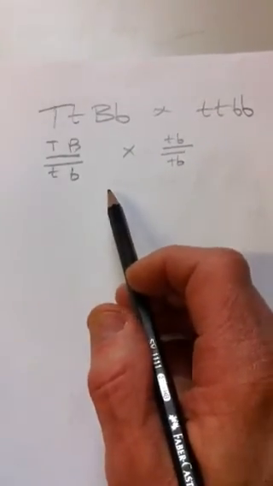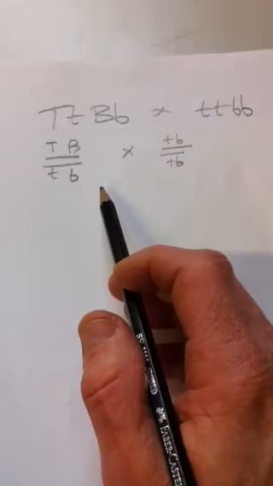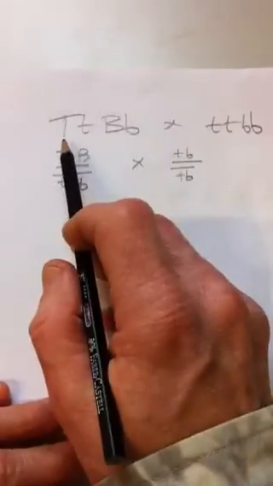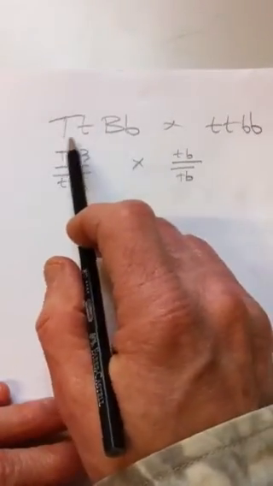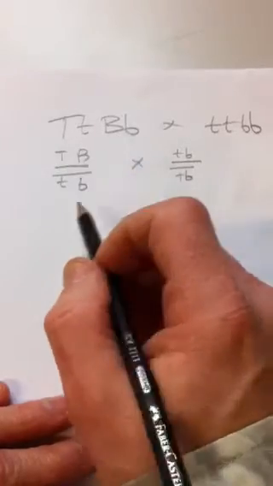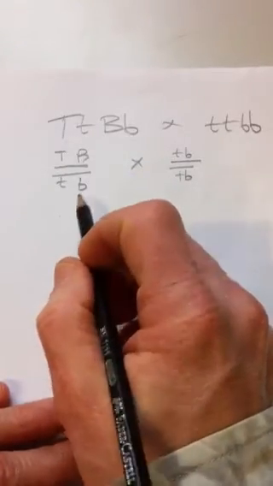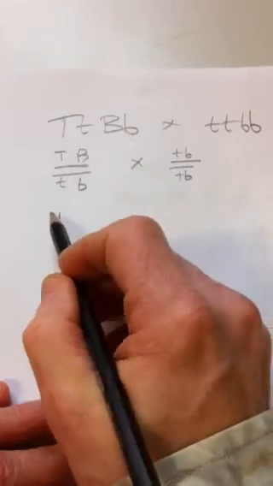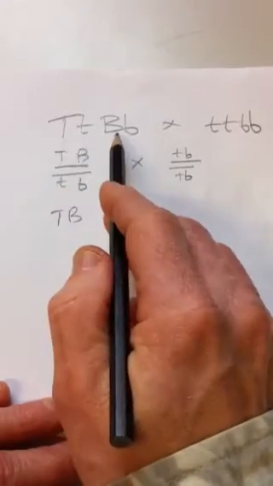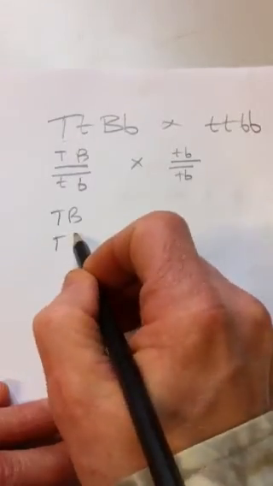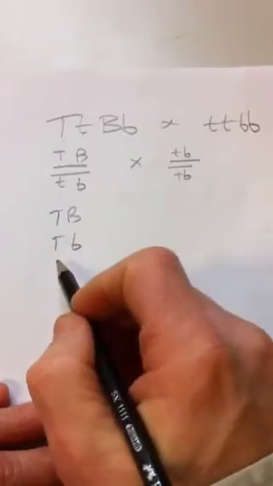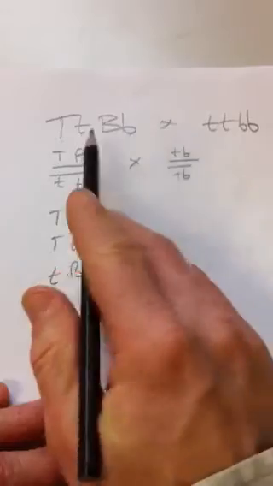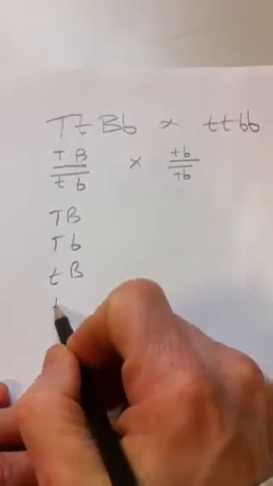To determine which genotypes would be recombinant, one way to do this is to go back into our standard FOIL. Remember, this is a diploid cell that's going to form a gamete. So we do the FOIL: big T, big B, big T, little b, little t, big B, and then little t, little b.